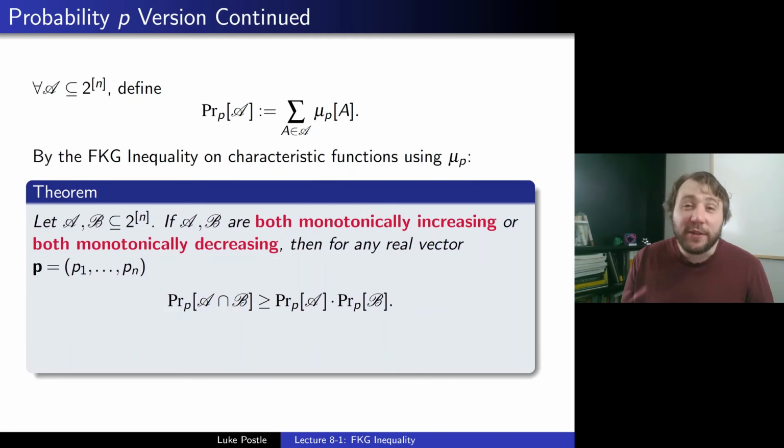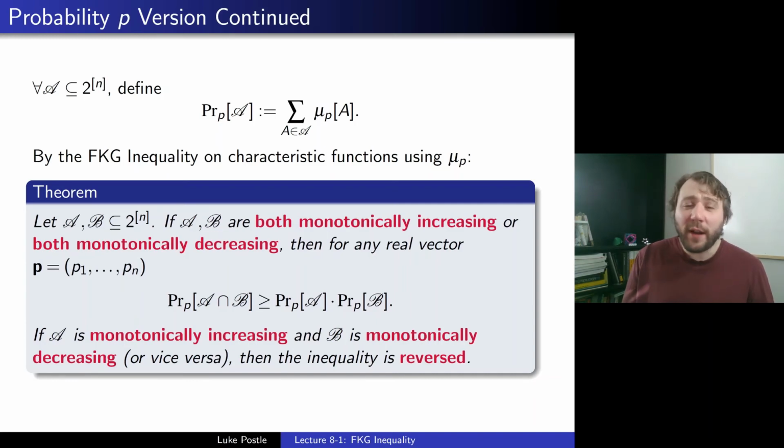Then the FKG inequality, if we use this other type of measure, mu_p, gives that if script A and script B are both monotonically increasing or both decreasing, then for any real vector p, under this probability measure, the probability of A intersect B is at least the product of the probabilities. So they're correlated even under this weighted measure. And then if one is increasing and the other decreasing, the inequality is reversed. So that's quite nice as well.